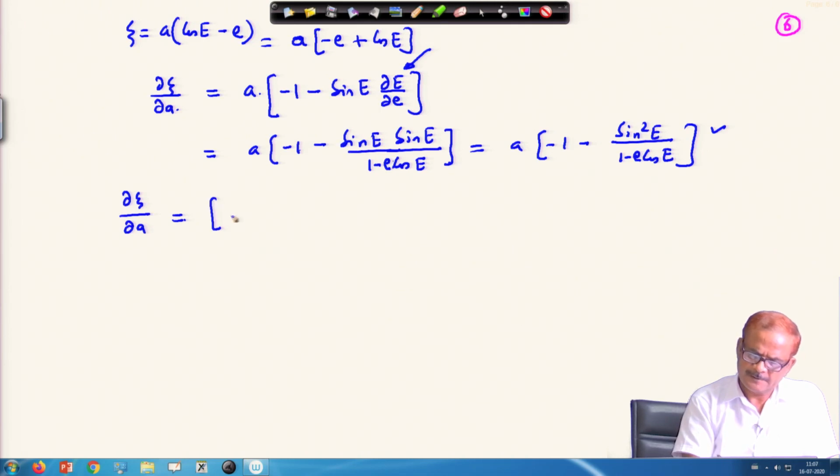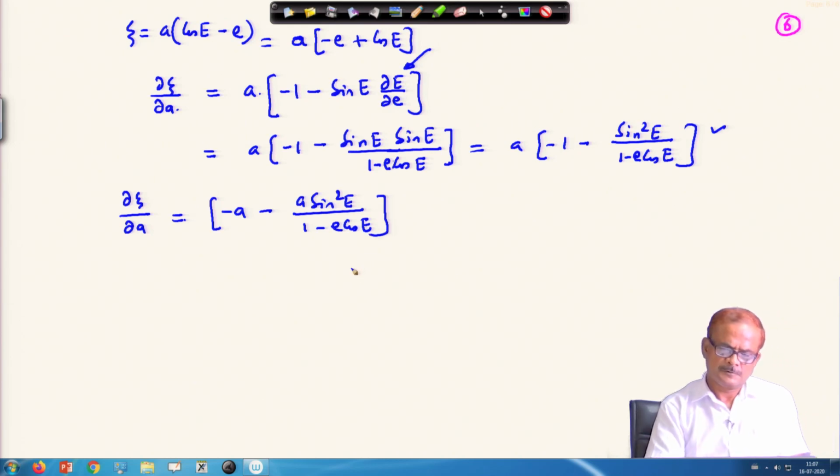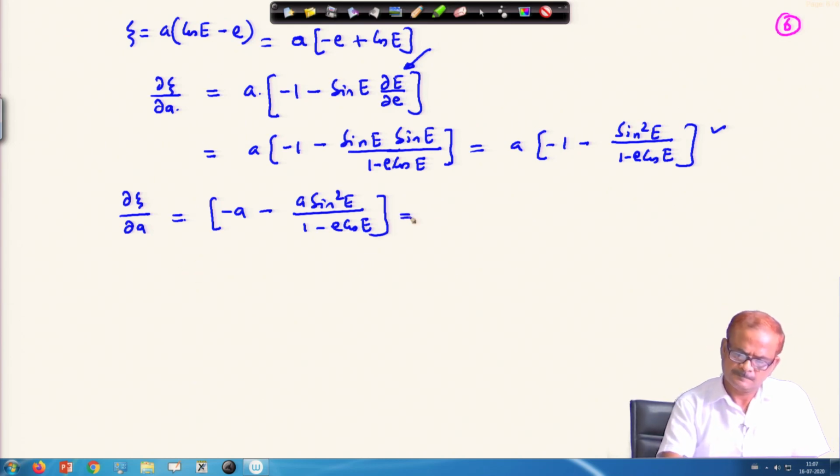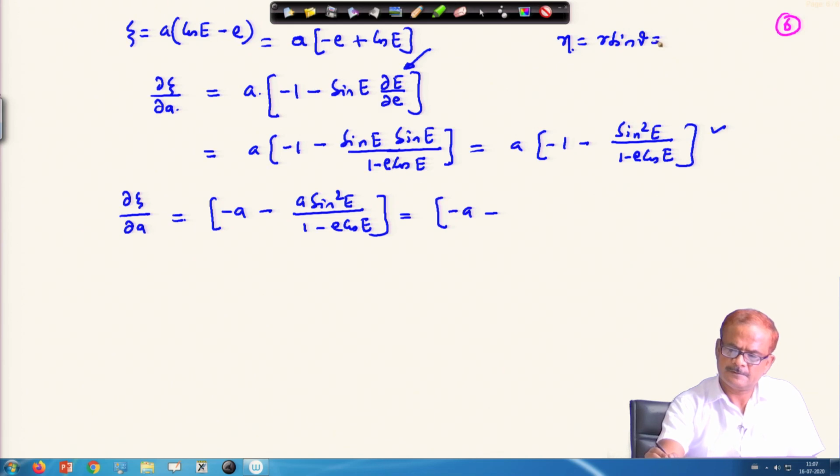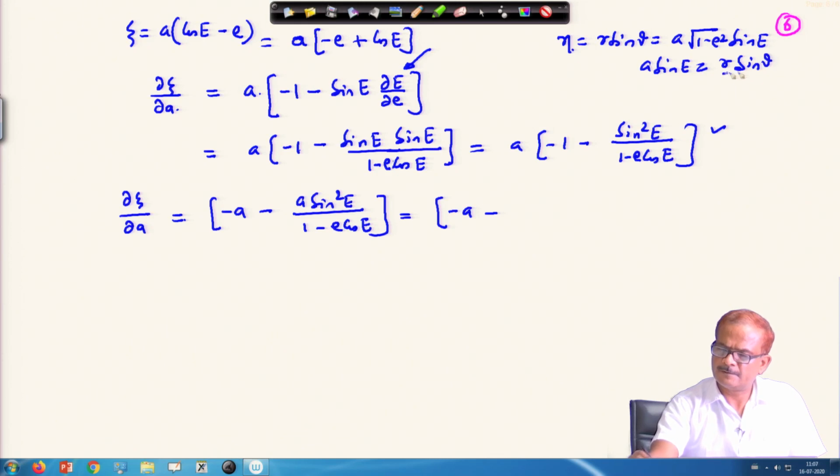Okay, if we take A inside, now A sin E, if you remember, eta we have written as r sin theta, which is equal to A times square root of 1 minus E square times sin E. So, A sin E is r sin theta divided by the square root of 1 minus E square.